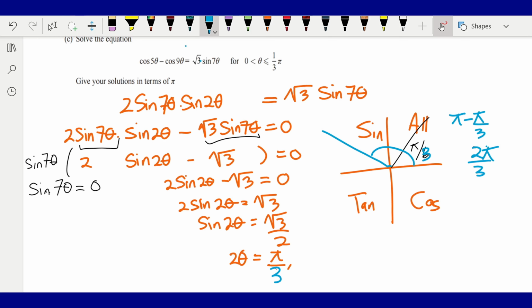Okay, so this is 2 pi over 3. Now that is for 2 theta.